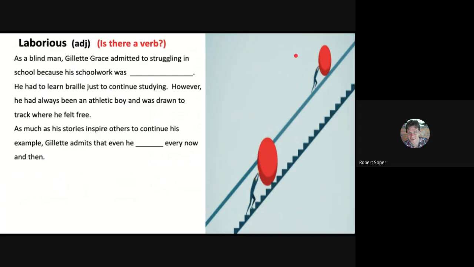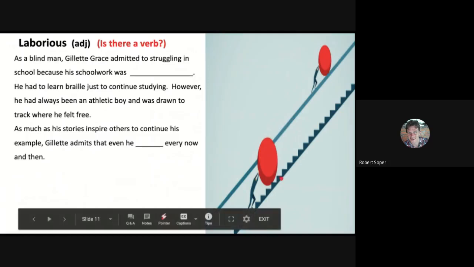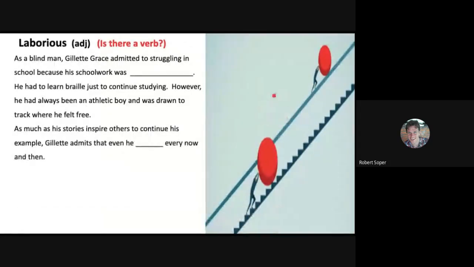Yeah, laborious is difficult. Okay? And what these men are doing is they're pushing these boulders up the slope or these steps, and they are doing something which is laborious, they're doing something which is difficult. Laborious also sometimes means not just difficult, but boring and difficult.